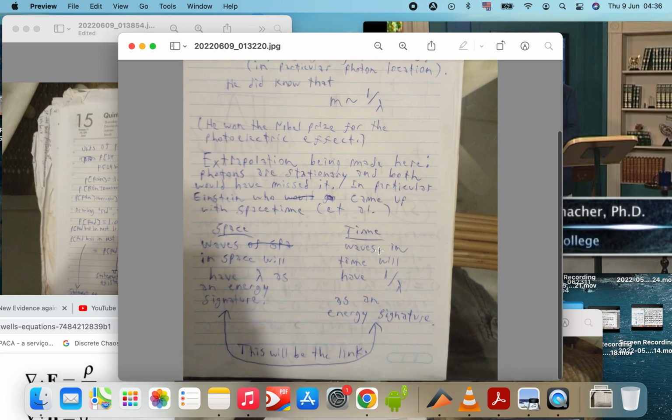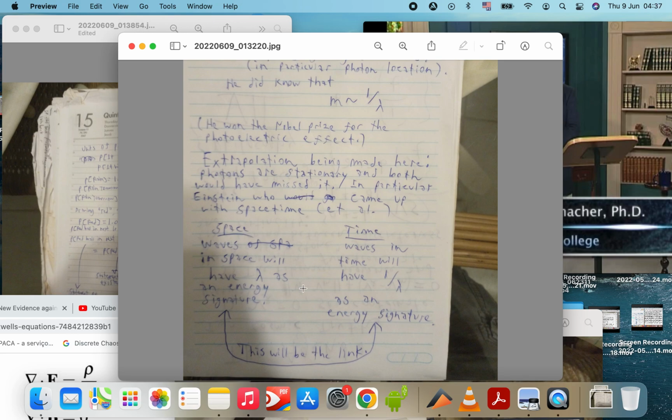And the way we do that is that we say that waves in space will have their, I wrote lambda. What I meant was amplitude. Why is the amplitude the wavelength? No, I should have a norm here, right? Well, whatever. Waves in space will have amplitude as an energy signature.